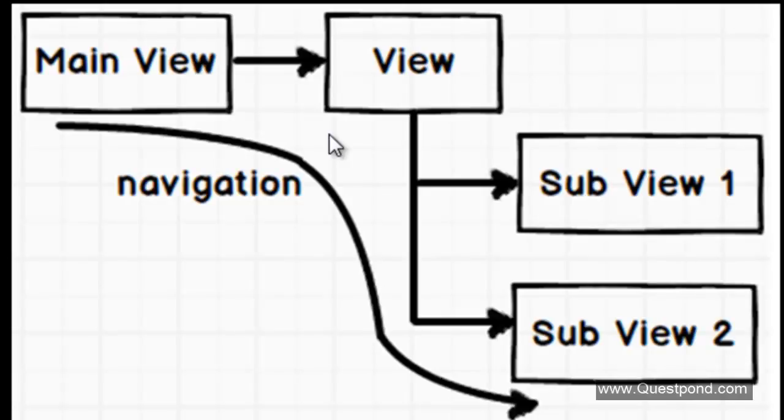Let us talk about some complicated situations in single page application. One of the biggest requirements we will always have in SPA is that we want to load multiple views, or rather nested views. Nested views means, for example, we have the main page or the main master view, right?